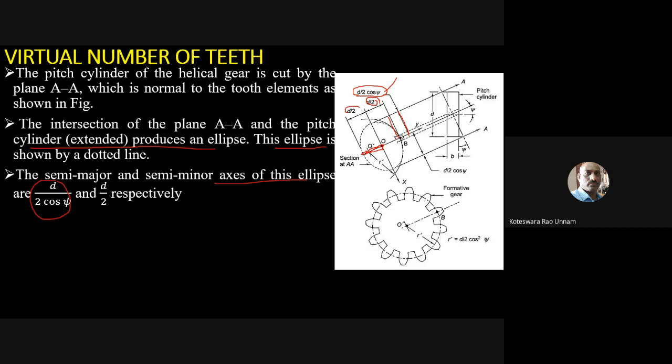Actually your gear is circular in shape, but if I take a section which is parallel to this helix angle, its shape is not circular, it is going to be an ellipse. In the case of a circular shape, the number of teeth and diameter are related like this: the diameter of the circle is equal to m into z.